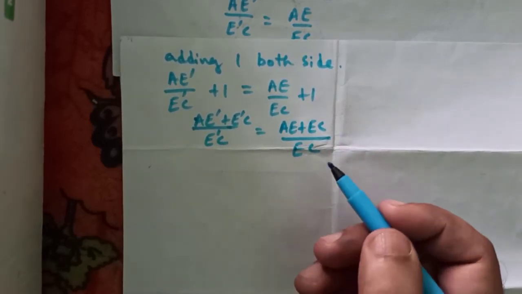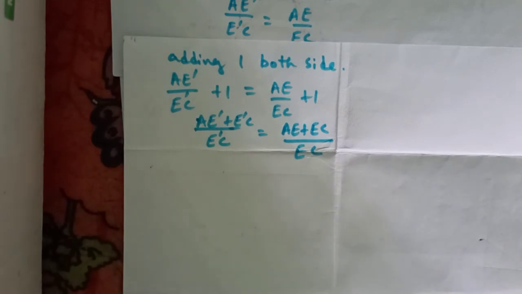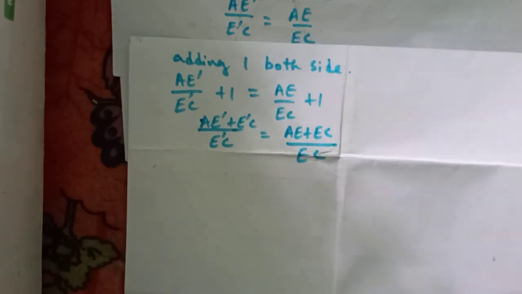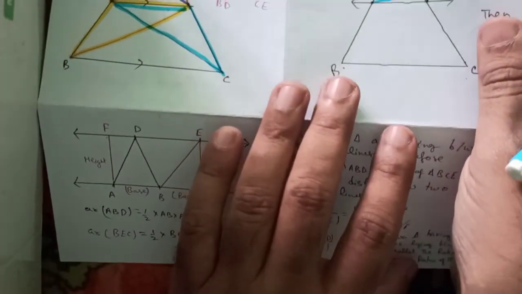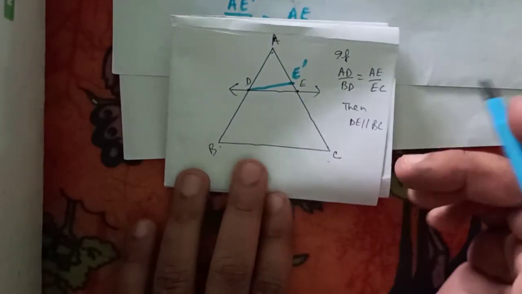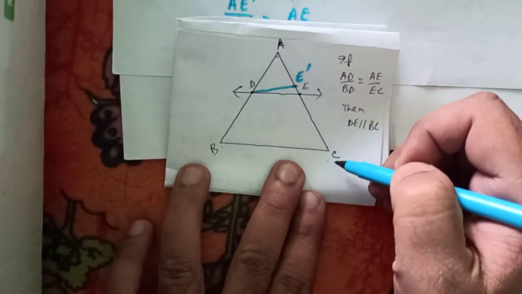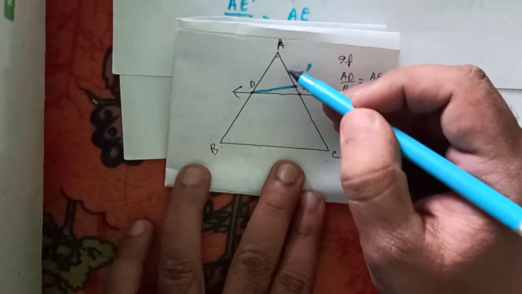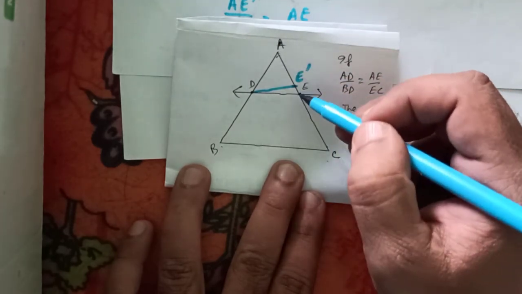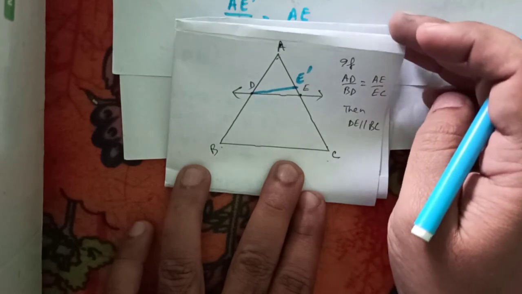So AE dash plus E dash C is AC. Similarly AE plus EC will also be AC.